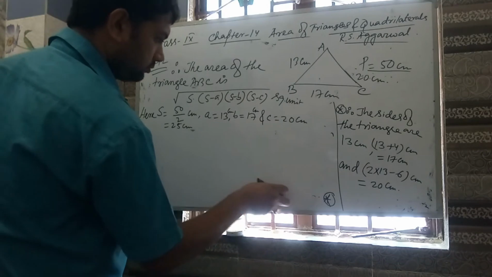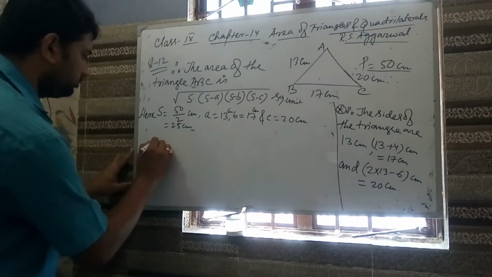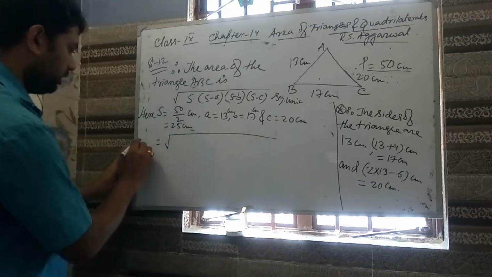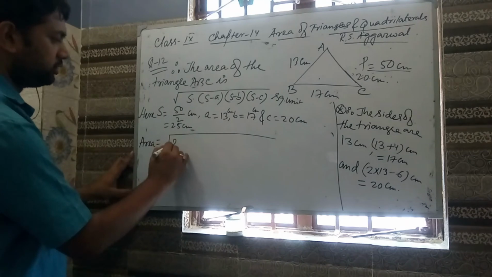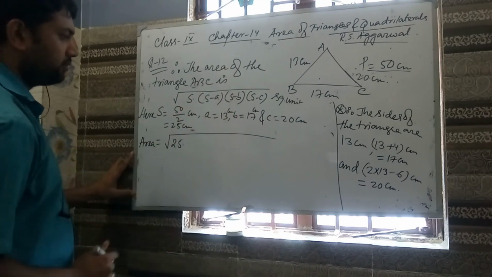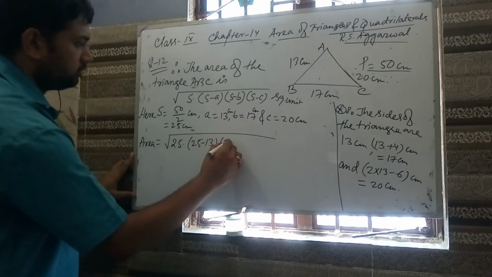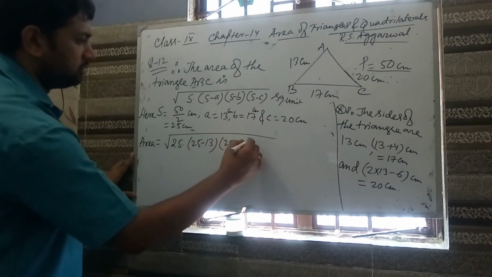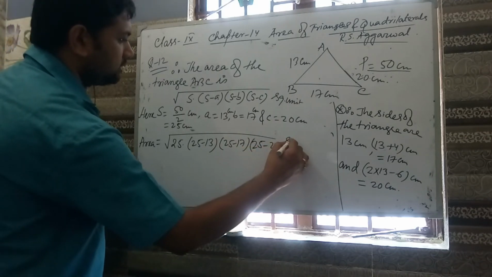So area equal to root over S is 25, 25 minus A, 25 minus 13, 25 minus 17, 25 minus 20 square centimeter.